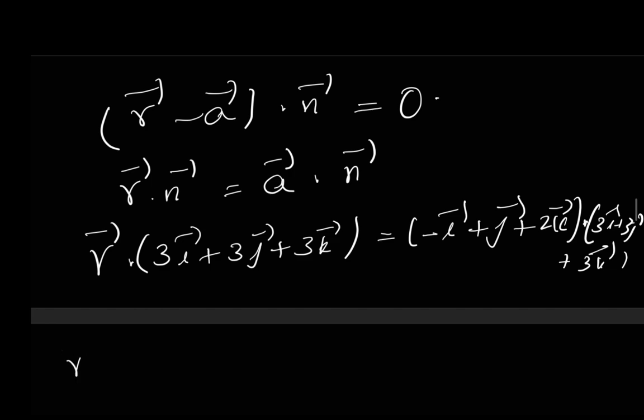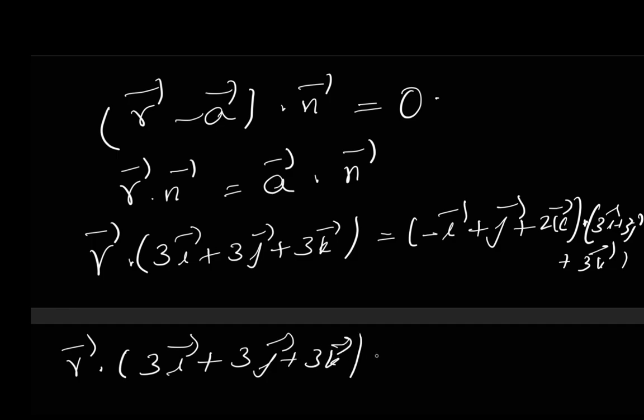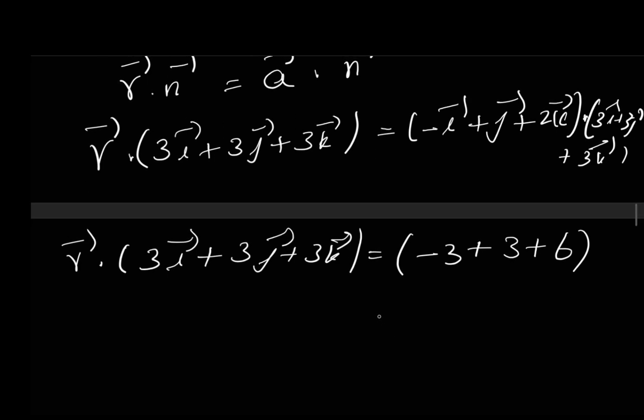Taking the dot product, we get minus 3 plus 3 plus 6, so that is equal to 6.